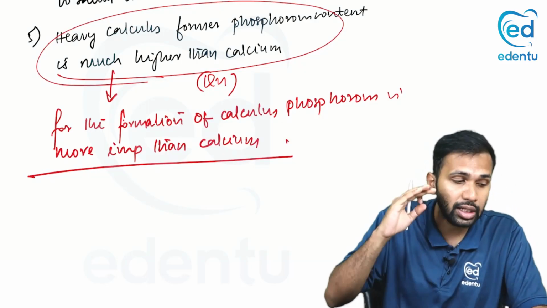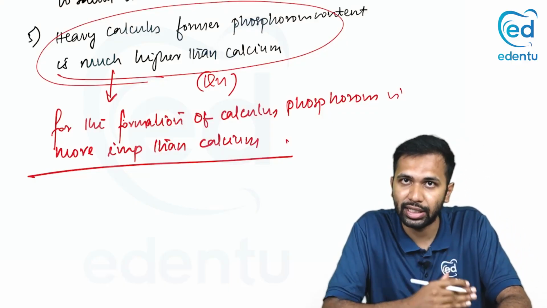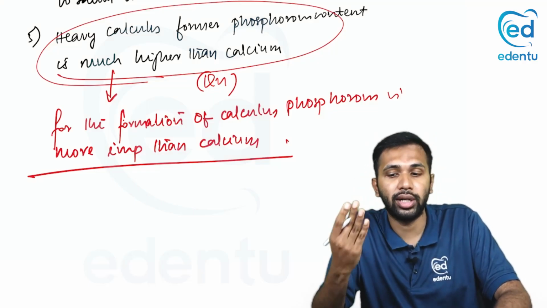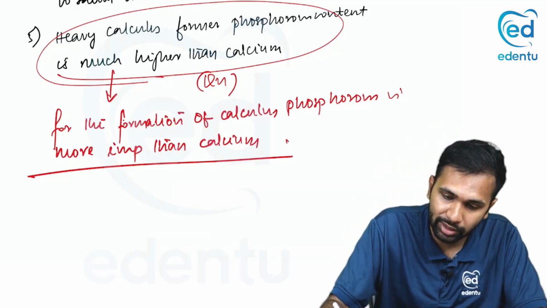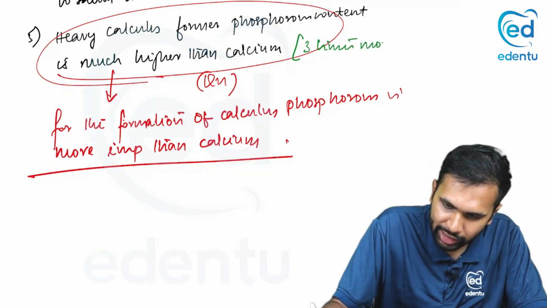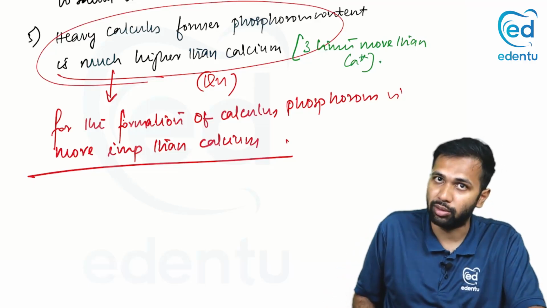Underline. Even though we study calcium as the most important factor for mineralization, for calculus, it is phosphorus. It is more important than calcium. Alright, almost 3 times. Amount of phosphorus is found almost 3 times more than calcium in heavy calculus formers.